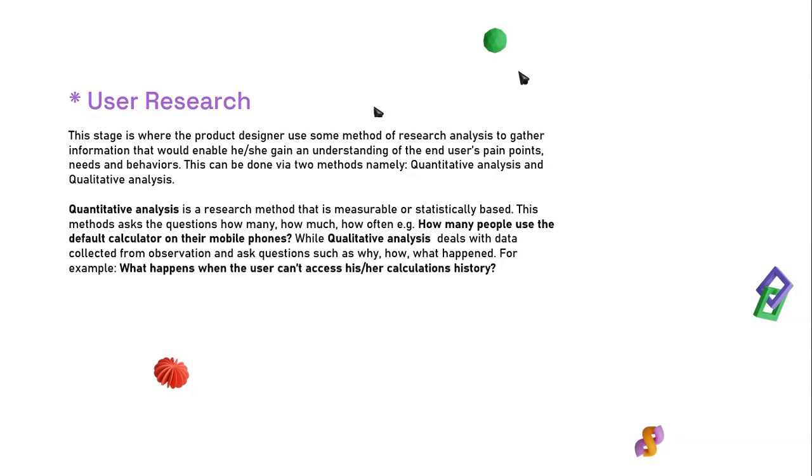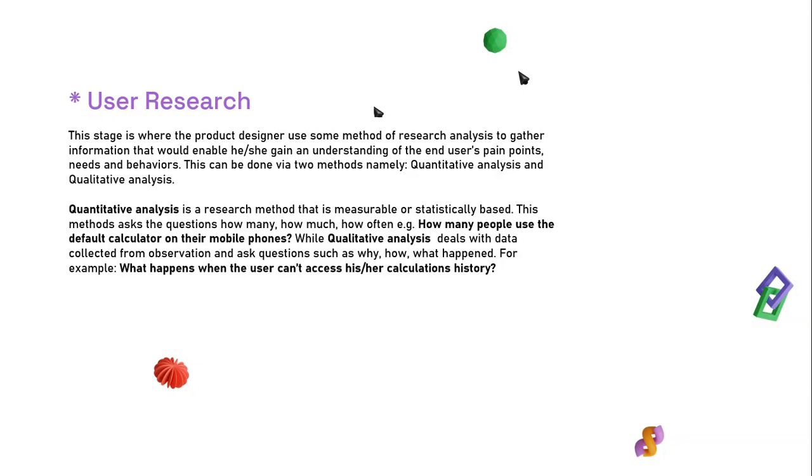Qualitative analysis, meanwhile, deals with data collected from observation and asks questions such as why, how, what happened. Another example: what happens when the user can't access their calculation history? Do they become frustrated?